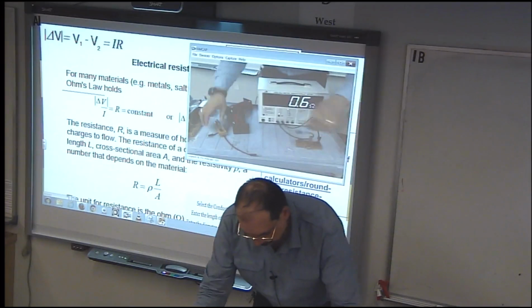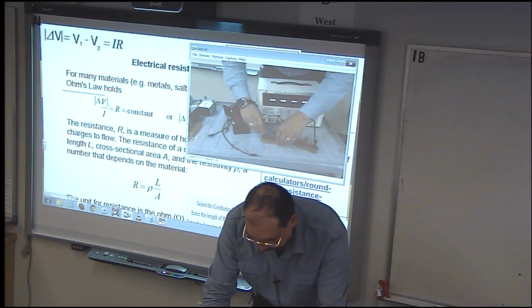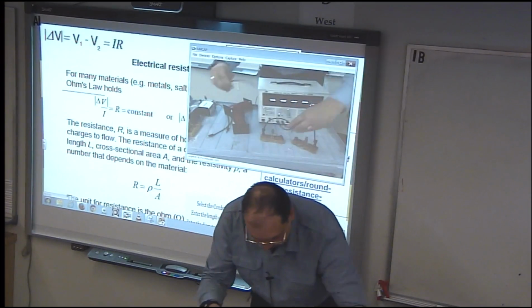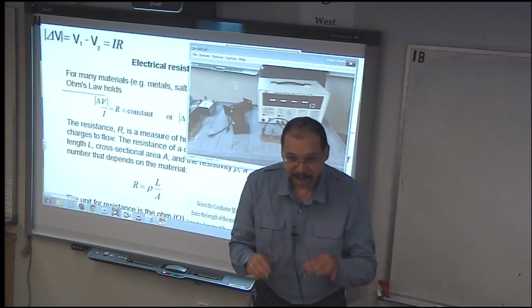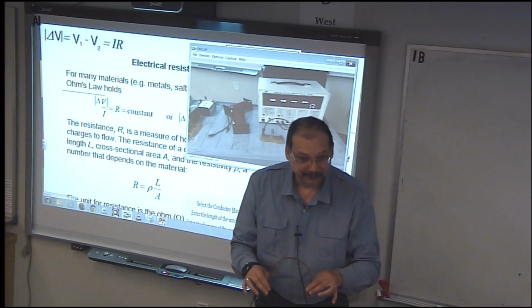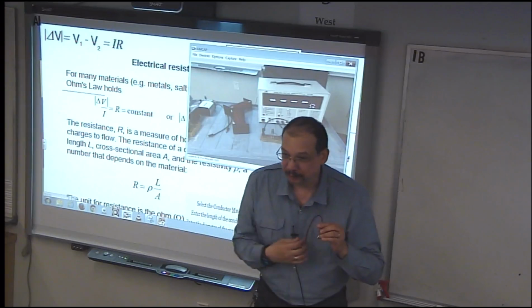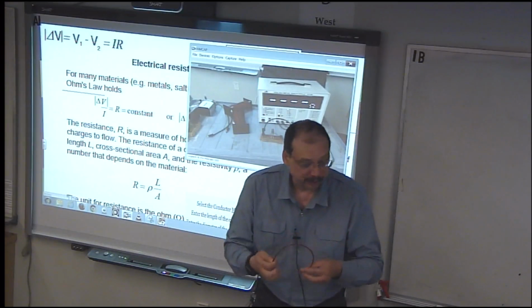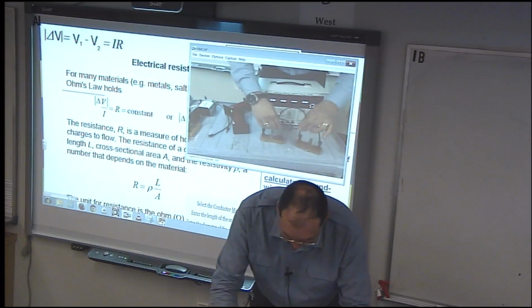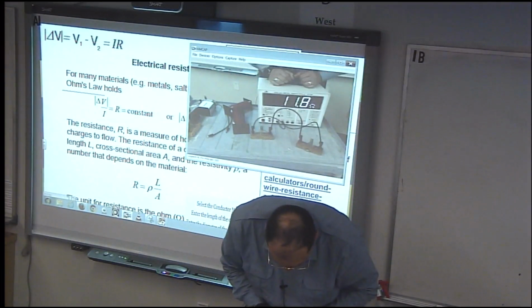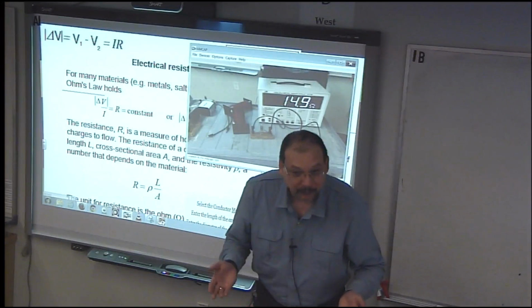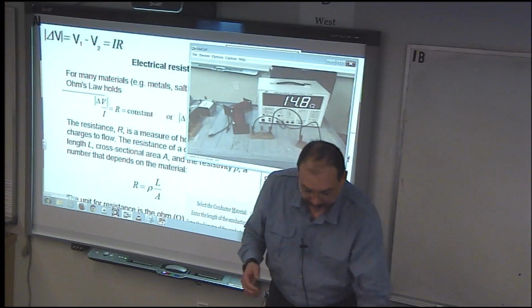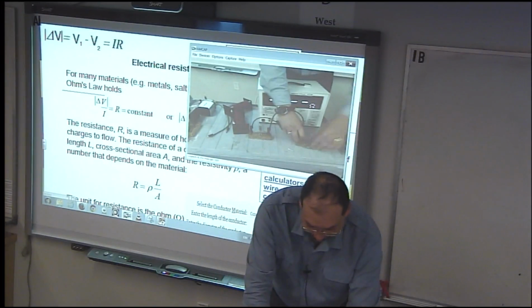And two together, what should you expect? It's nothing, because I need to connect these bulbs. I have to complete the circuit. If the circuit is broken, of course, nothing can be measured. But if I connect, about twice of that.